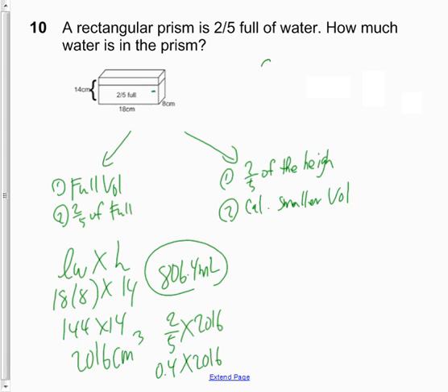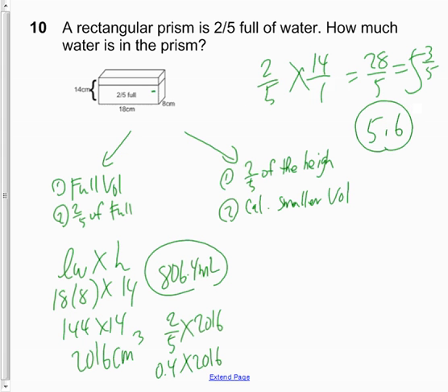The other way you could do it says, what's 2/5 of 14? Because if the full height is 14 centimeters, 2/5 full would mean it's 2/5 of the height. And if I think about that, it's 28 over 5, which is 5 3/5, which as a decimal is 5.6. So I could say that if it's 2/5 full, that height is 5.6.